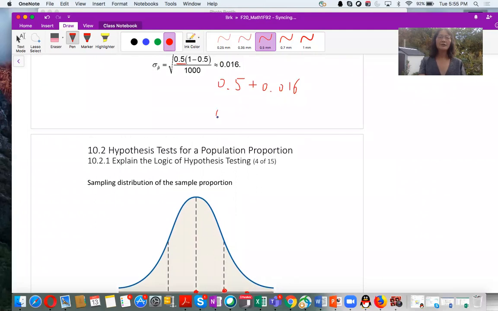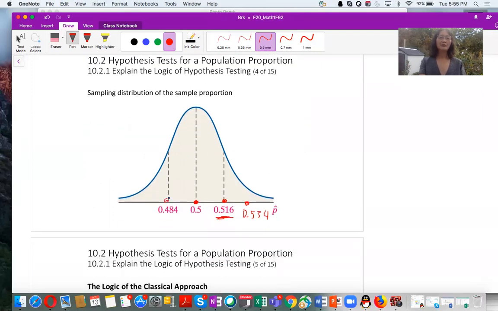And if you use 0.5 minus 0.016, you get 0.484. Our sample proportion 0.534 is somewhere here.